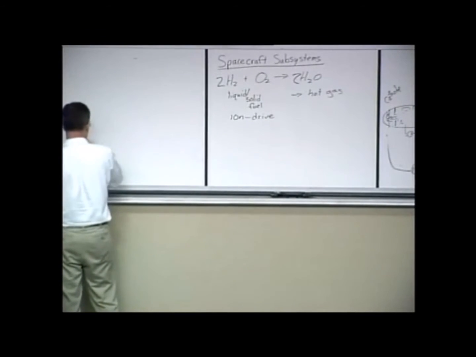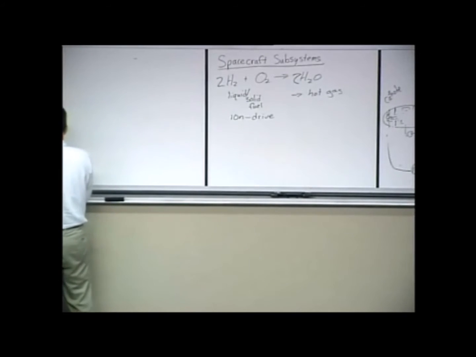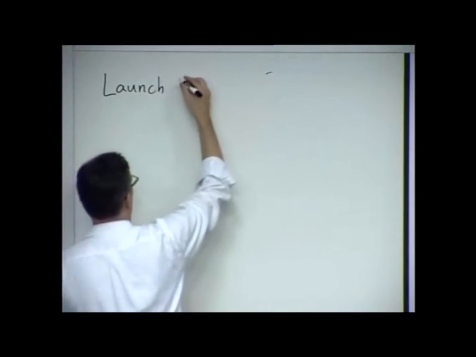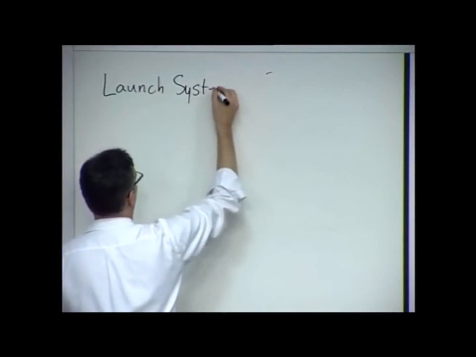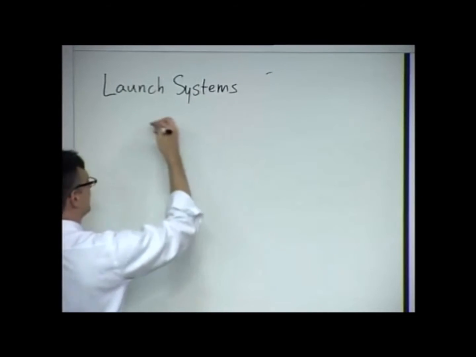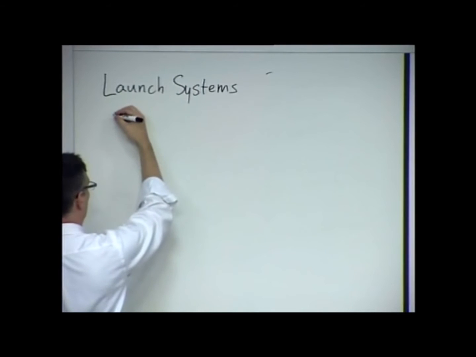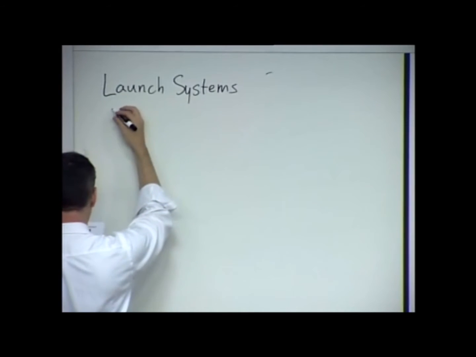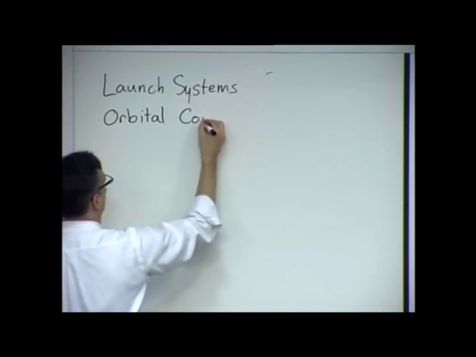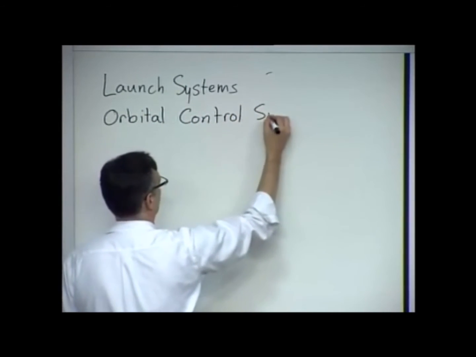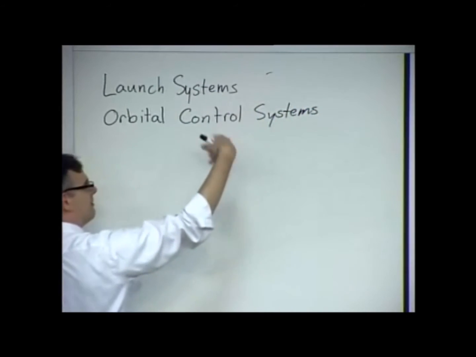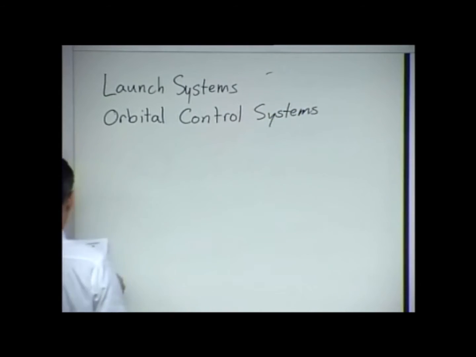There are launch systems for which we always use rocket fuel. And we use some of those same types of techniques, as well as ion drives and a larger class of rocket fuel systems for orbital control systems. That is, controlling the orbit once you get into space, placing it into a final orbit, and then maintaining that orbit, doing the minor corrections that are required.